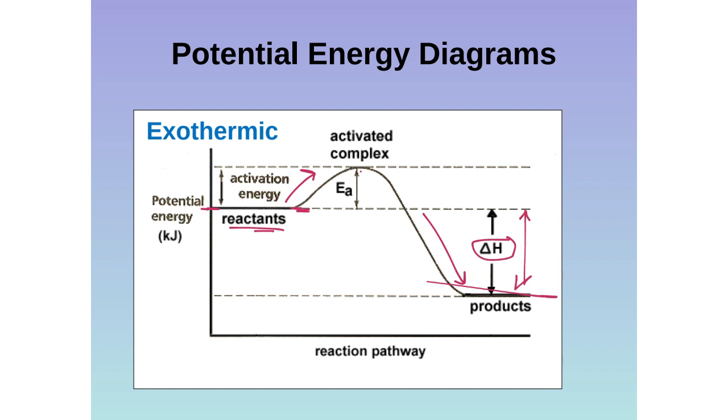Here we can see how much extra energy we need in order to create those products, so to get over the activation energy barrier. And at the top of the activation energy barrier is something called an activated complex. Sometimes it's also called a transition state. And this activated complex is like a big blob or like a mishmash of reactant molecules.